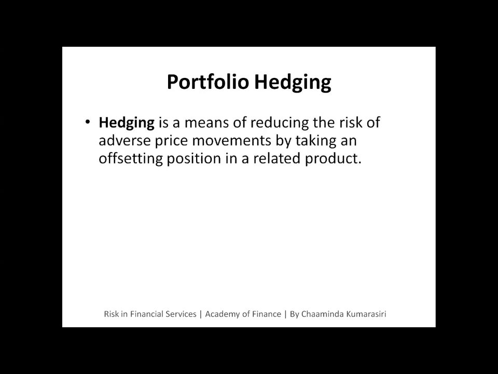In hedging, in order to reduce the risk, you take an offsetting position in another area, so that the damage you are going to face in one will be addressed or mitigated through another instrument. So your net loss will probably be zero because you are mitigating the two.